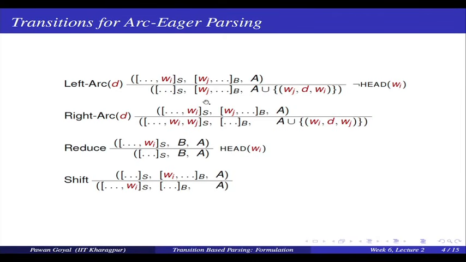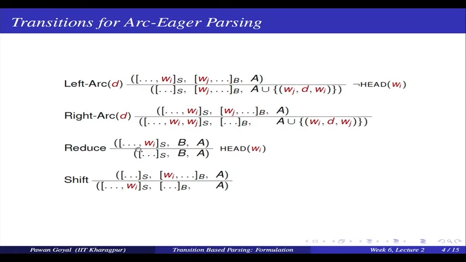So, we have seen the justification for the previous case. Now, try to give justification yourself for this case. But here the difference is that now the transition is from Wi to Wj, and accordingly I am getting a new arc. Then we have two more transitions, reduce and shift.